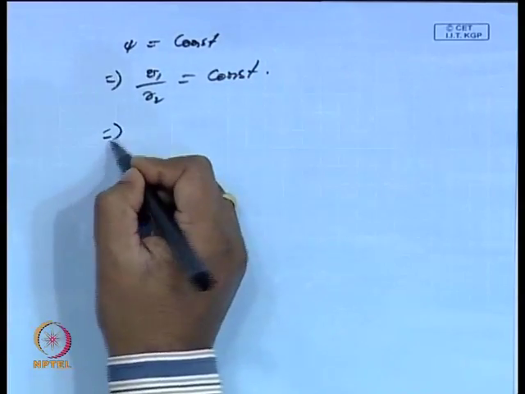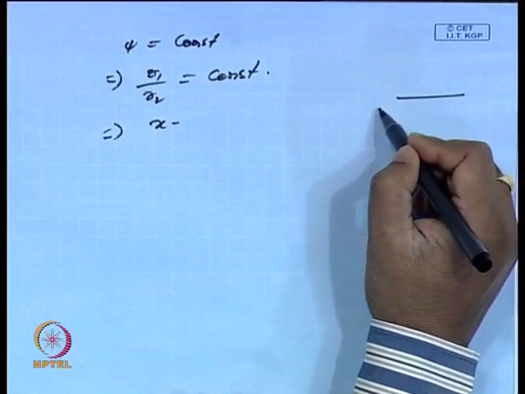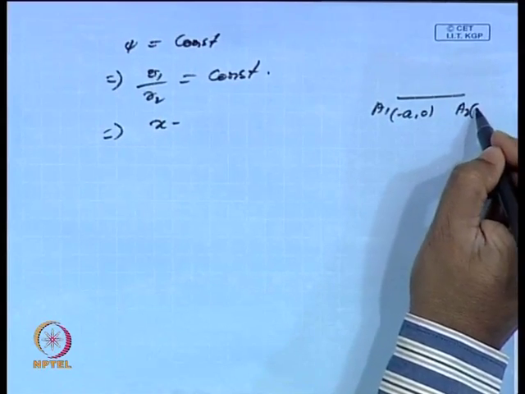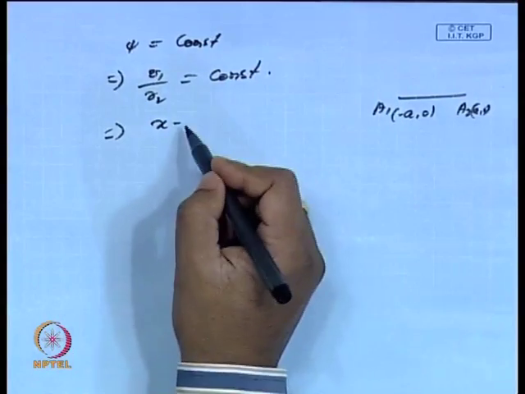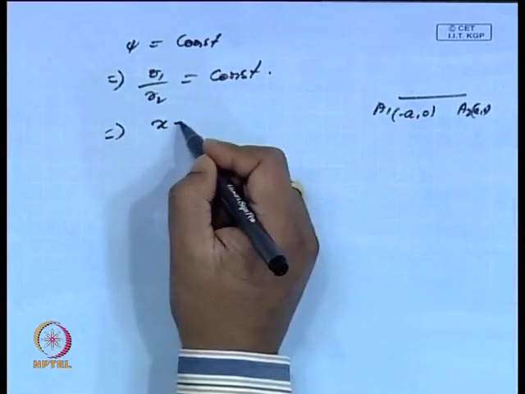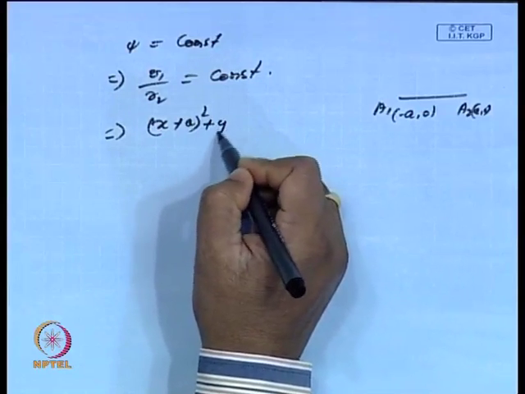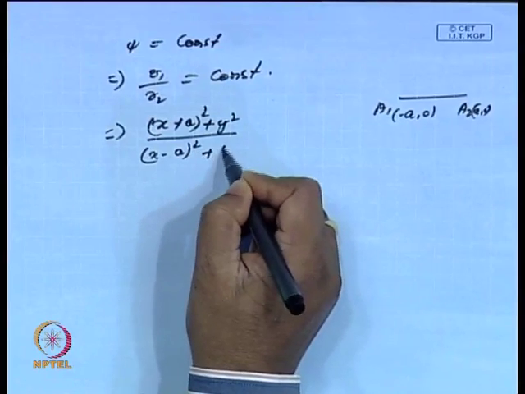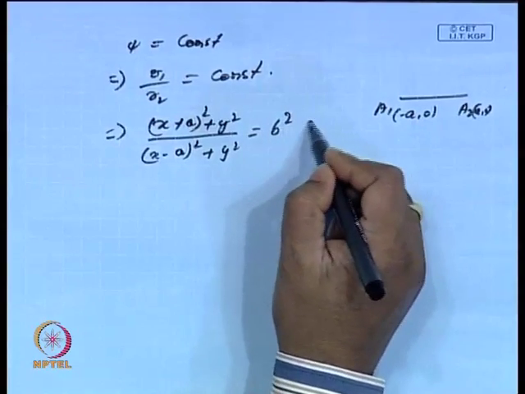Because the vortices are positioned at x equal to minus a and a, this gives x plus a square plus y square by x minus a square plus y square is equal to a constant, which I call b square.